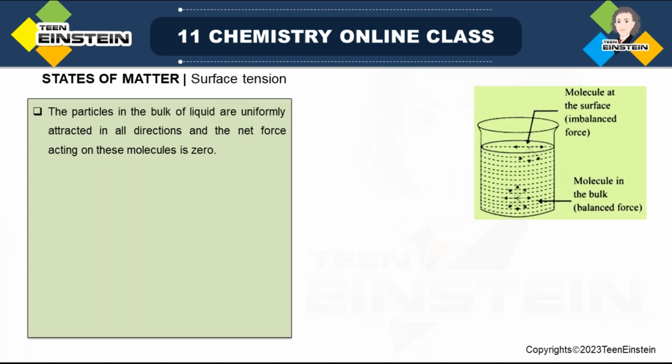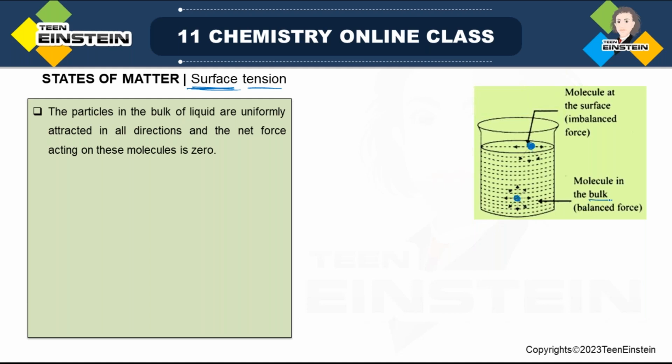After vapor pressure, next is surface tension. As the name suggests, on the surface of a liquid there will be some tension. But what is so special about the surface? Why not the bulk? Look at this container. Suppose you have a molecule here and another molecule inside.